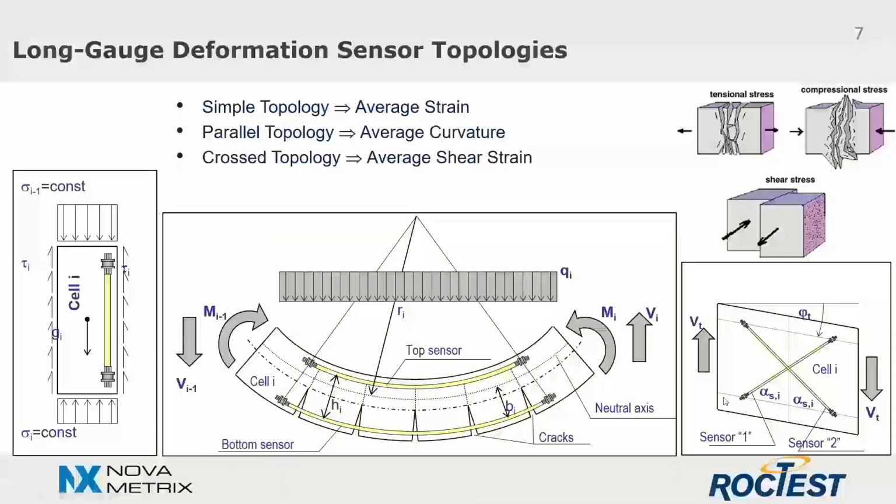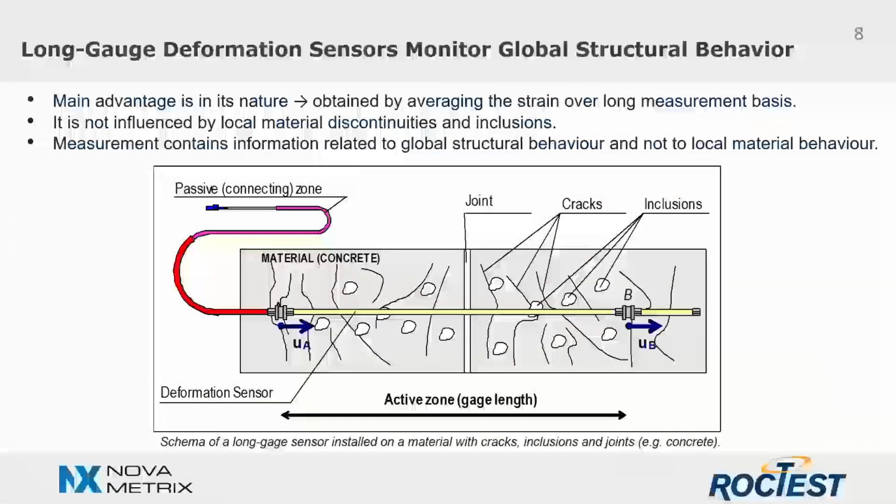And on the right, we can see the cross topology, which consists of two cross sensors installed with a predefined angle with respect to the direction of the strain line. The aim of this topology is to detect and quantify shear strain.